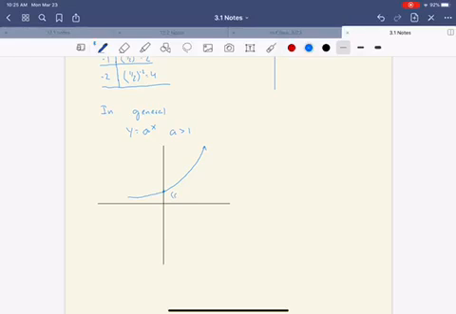Always going through 0, 1, 1, a, and -1, 1 over a.